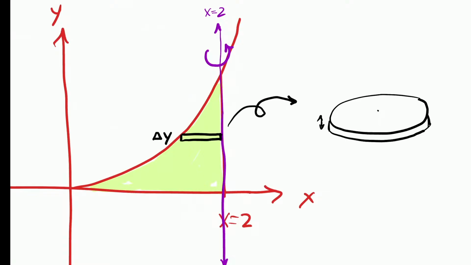So we know the height of the disk is delta y. But what about the radius of the disk? So the radius of the disk is the distance from the center out to the edge of the disk. It's this. That's the radius.